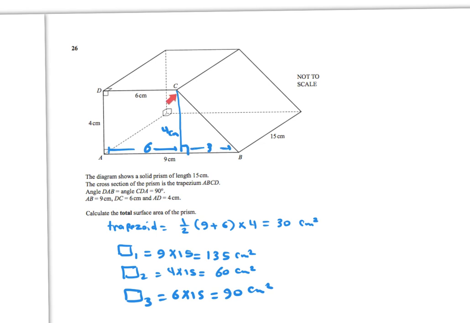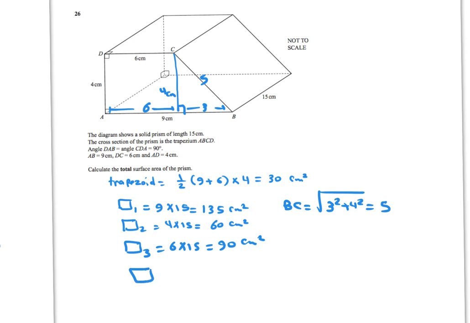Now this side is 3 and this side 4, and this right angle triangle, we can find BC by Pythagoras theorem. So BC equals square root of 3 square plus 4 square, which is 5. So for the fourth rectangle, 5 times 15, which is 75 centimeter square.